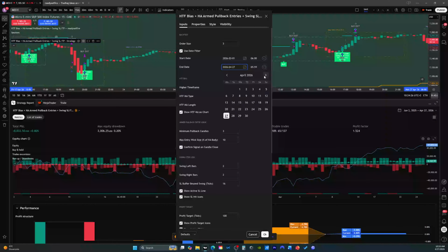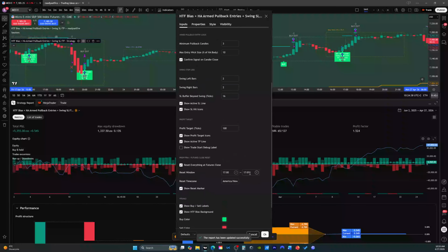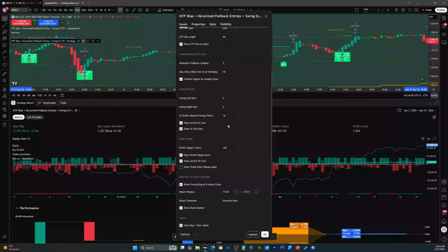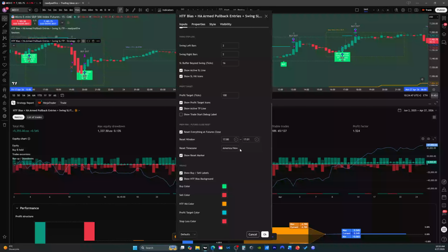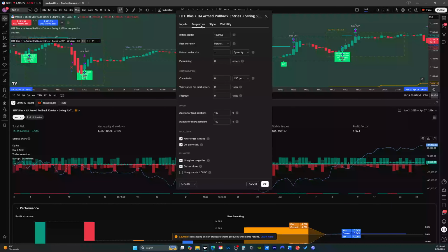So actually, let me change this to April 27, and then let's change it to two contracts, this MES. This is without taking into consideration the commissions and all that. So I click properties: zero commissions and all of that, on bar close, using bar magnifier.